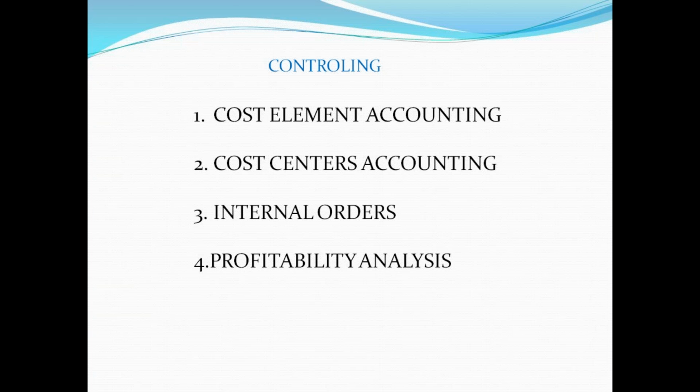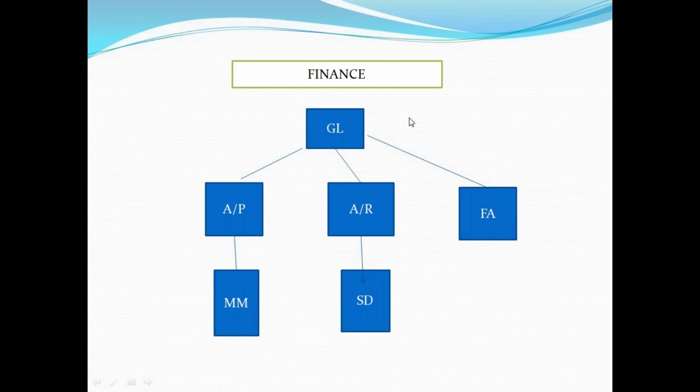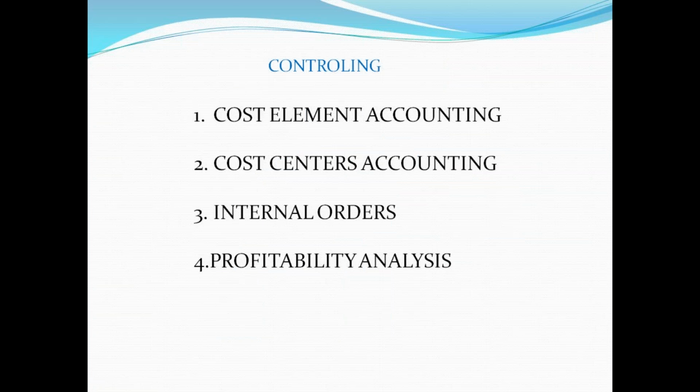In the controlling module, the same purposes we use in cost accounting apply. The controlling module has the following submodules: cost element accounting, cost center accounting, internal orders, and profitability analysis. What is cost element accounting? I told you that in the GL module I have to create GL accounts to make the posting, so that is how you update FI records.